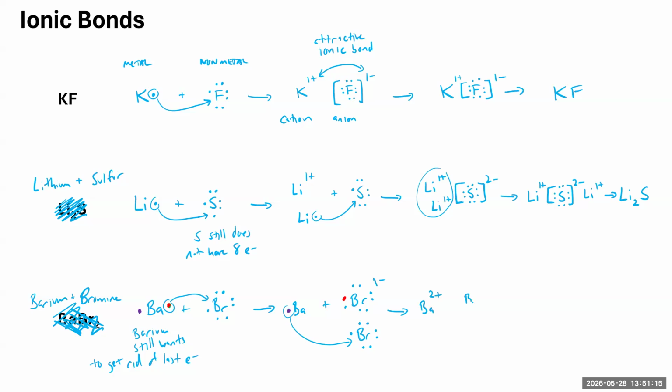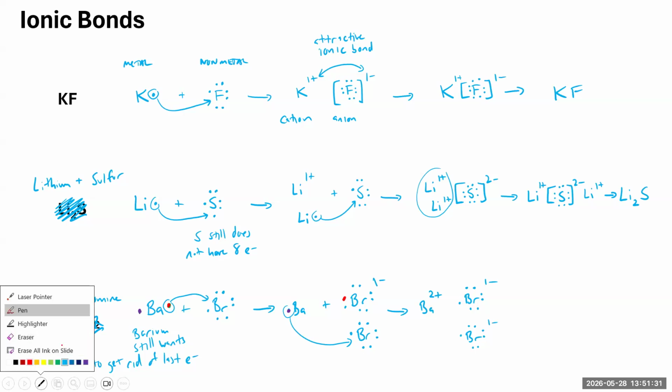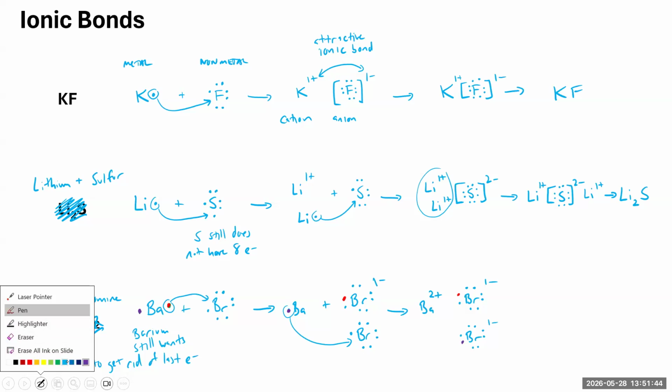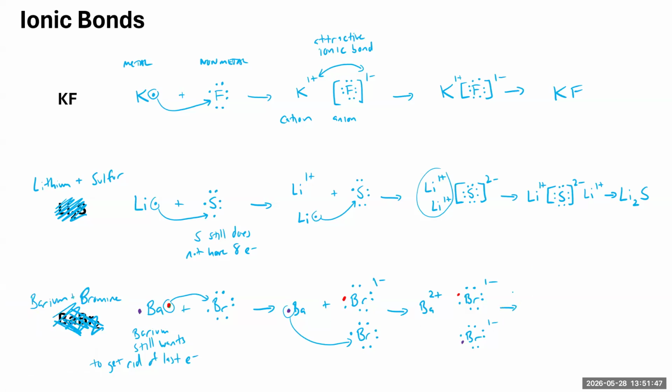We're going to have a bromine that has 1, 2, 3, 4, 5, 6, 7. I'll draw the 8th one in a second. But then we have another bromine that's a 1, 2, 3, 4, 5, 6, 7. That's another 1 minus. I'm just going to draw these so we got the colors down, right? Because one of the electrons from barium went to the one bromine and the other electron went to the other bromine, right? So now we have 2. It'll look something like this, right? And we have to have the brackets, right? That makes it correct with the brackets. All right, so let's write it out.